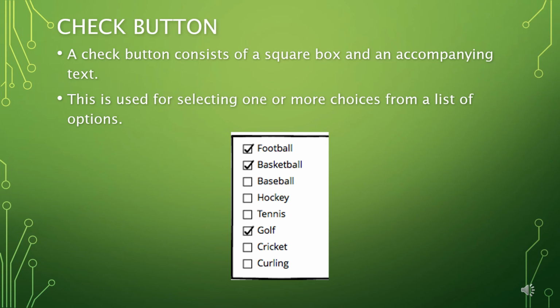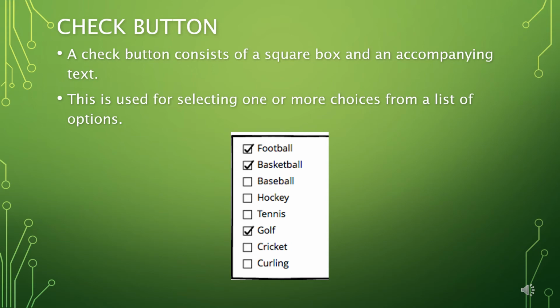The other option is check button. A check button consists of a square box and an accompanying text. This is used for selecting one or more choices from a list of options. An example is given in front of you. You have many check boxes of different sports.